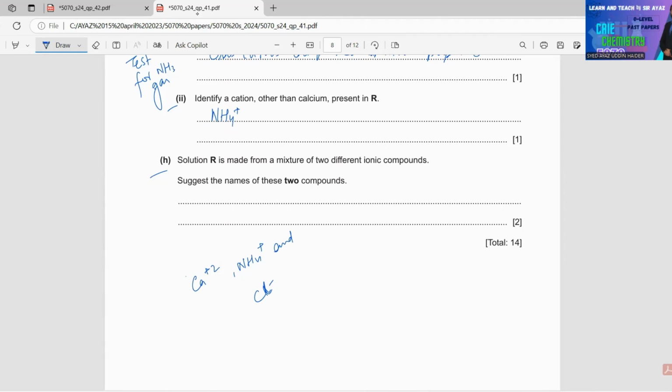So you can have the compound with calcium chloride. It must be calcium chloride. And the other must be ammonium chloride. These are the possibilities.